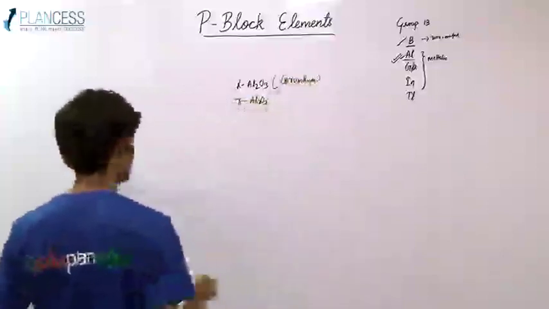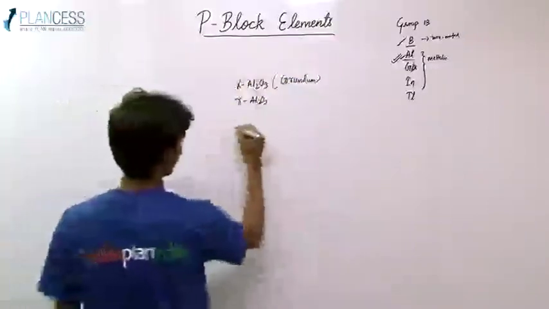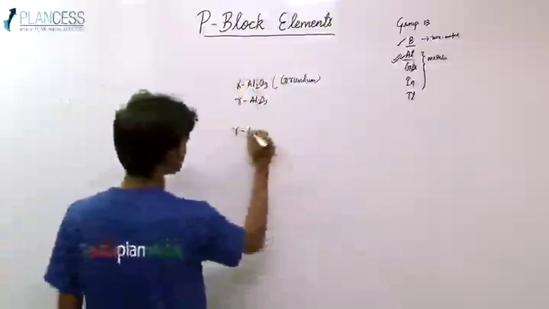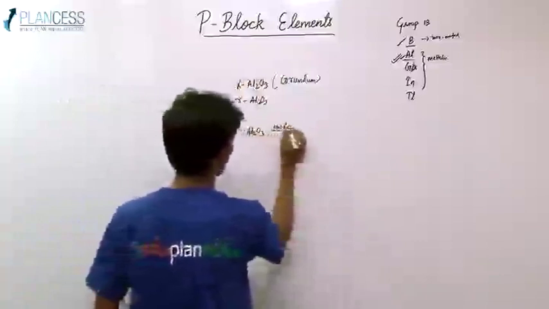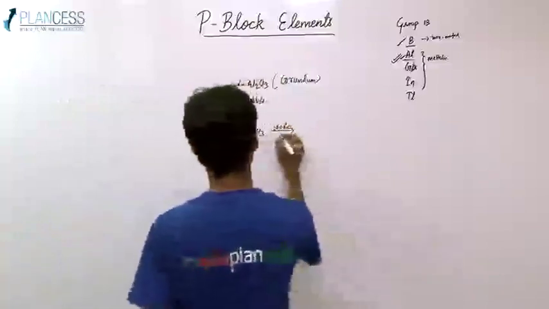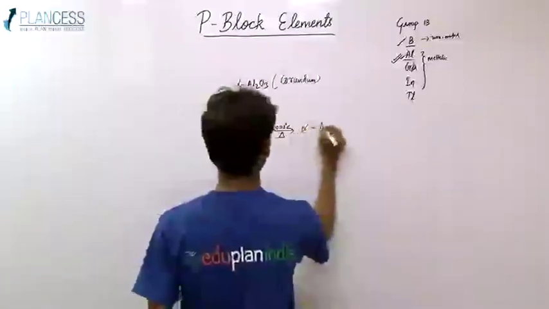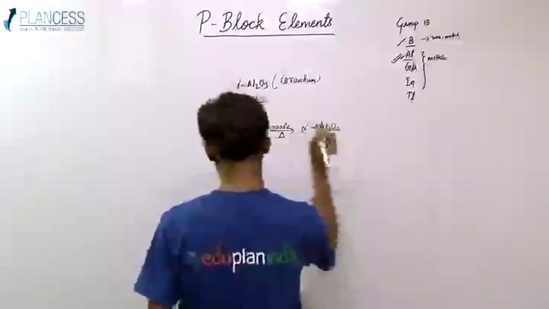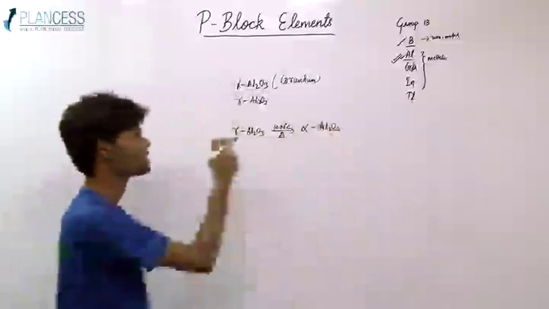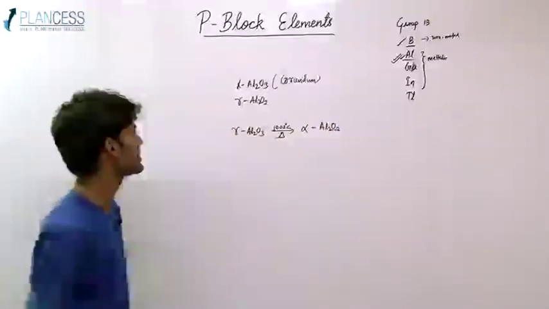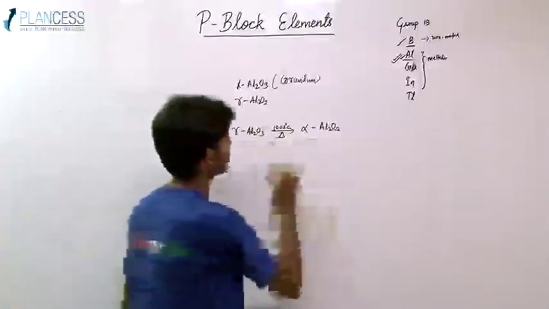There is a transition from gamma Al2O3 to alpha Al2O3. If gamma Al2O3 is heated to 1000 degrees centigrade, then it changes to alpha Al2O3. So these are a few properties of Al2O3, which, as I have told you earlier, is amphoteric in nature.